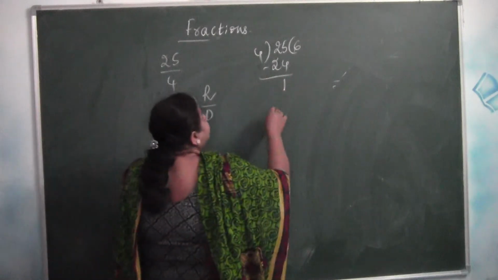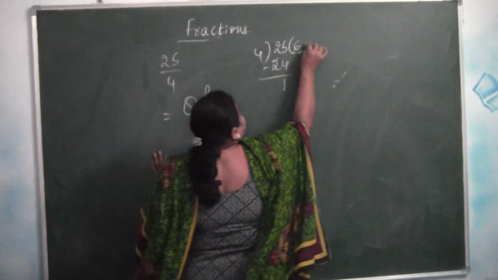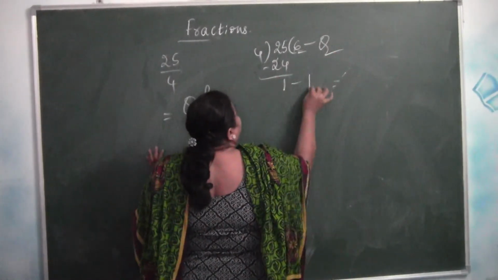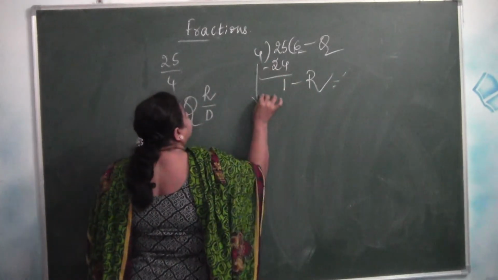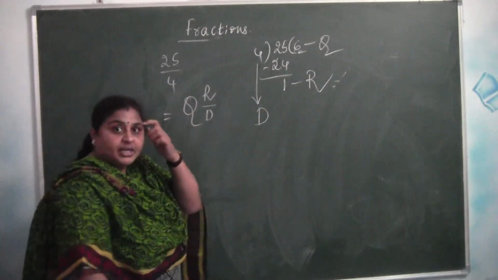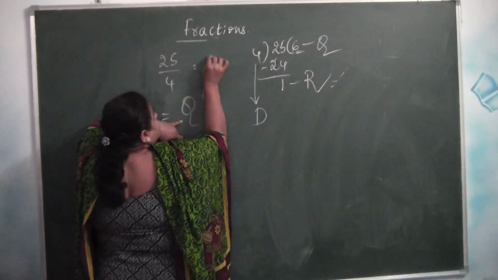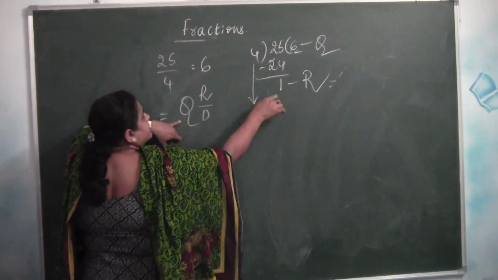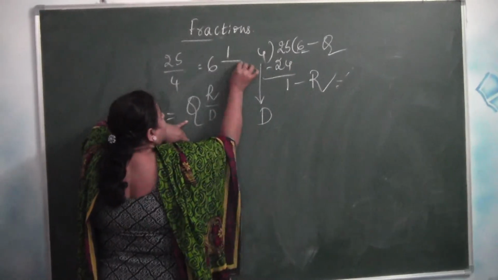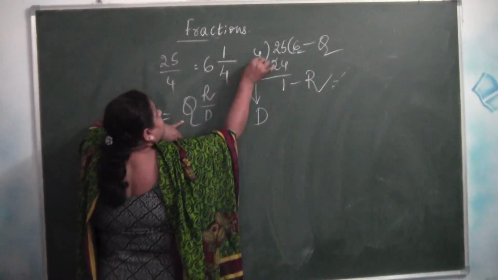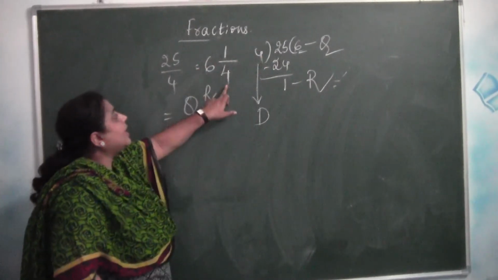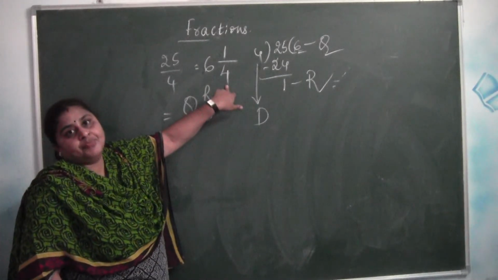So what is the quotient here? 6. 6 is the quotient, 1 is the remainder and 4 is the divisor. So what do we get? Quotient 6, remainder 1 by divisor 4. 6, 1 by 4. Got it children?